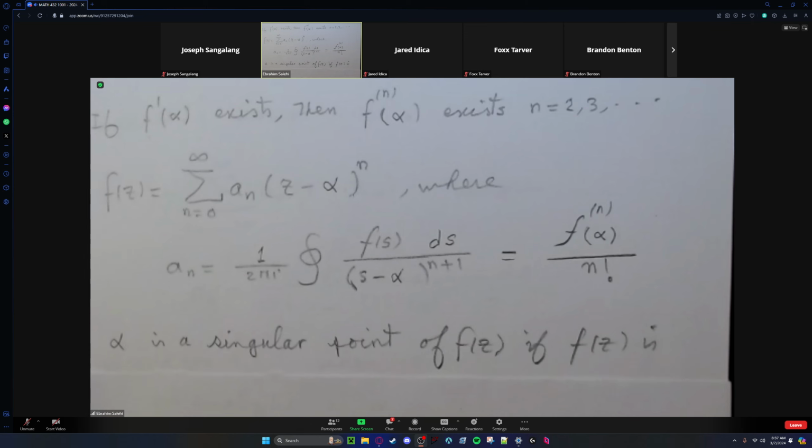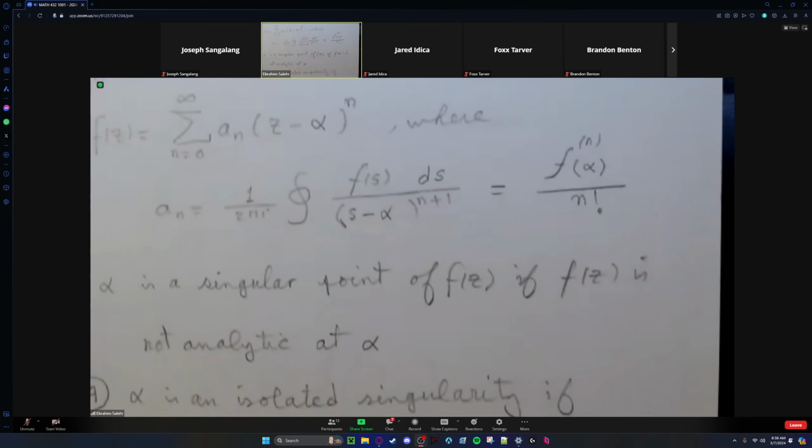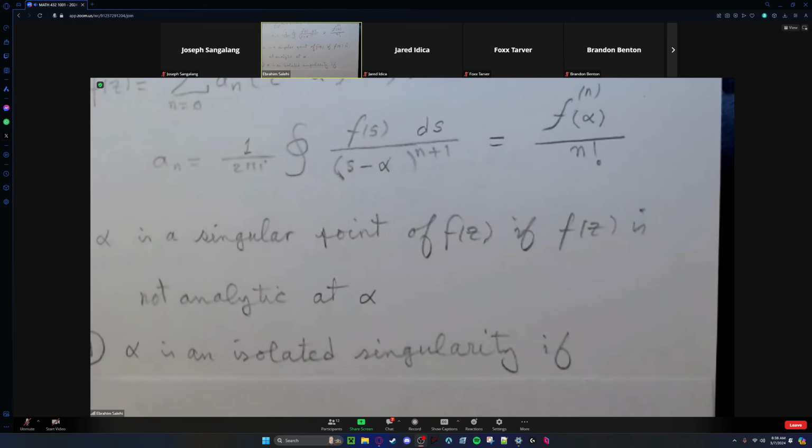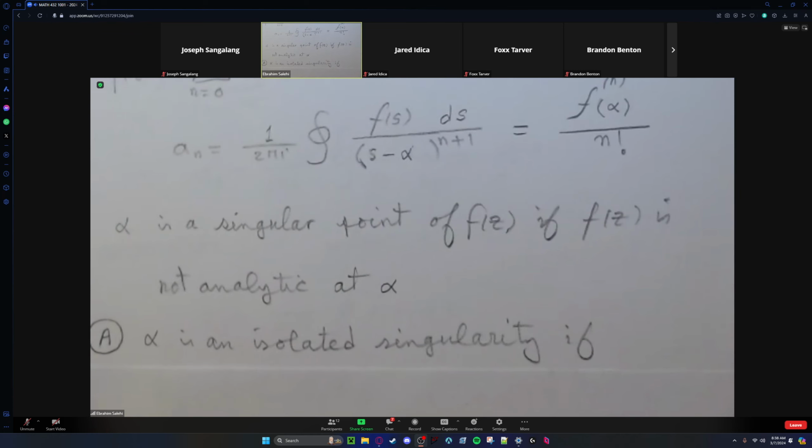Sometimes it is what we call an isolated singularity. Okay. For bad points, in general, we have two categories. One is called isolated singularity. The other one, non-isolated singularity.